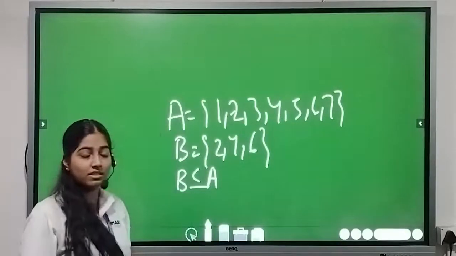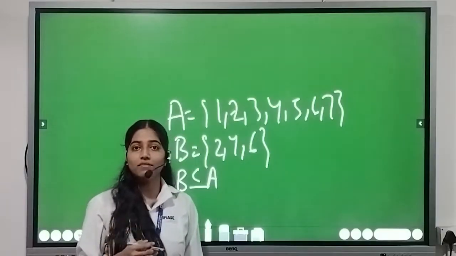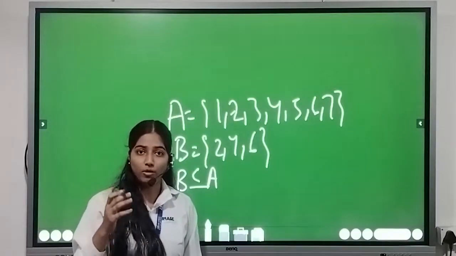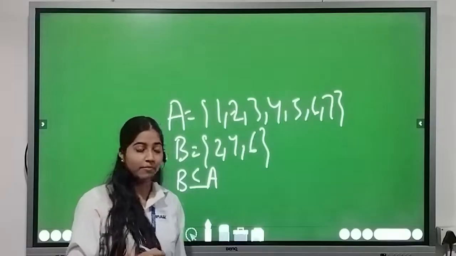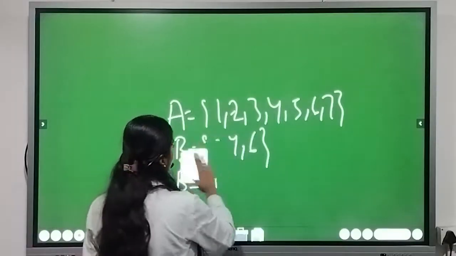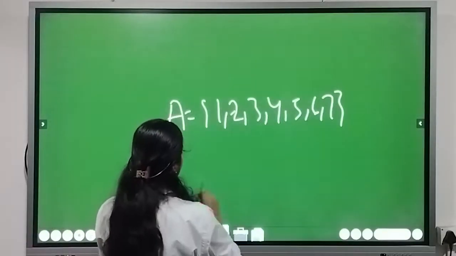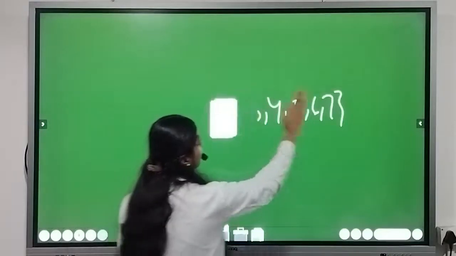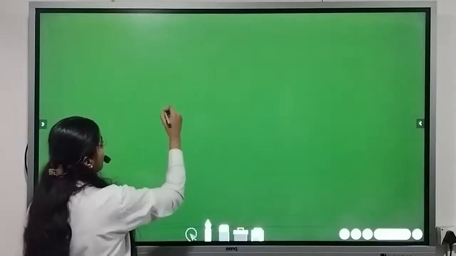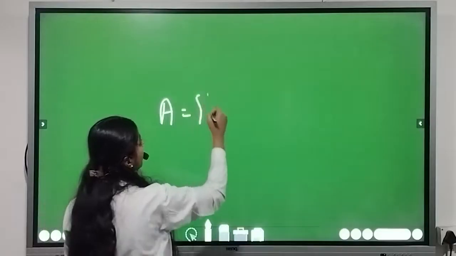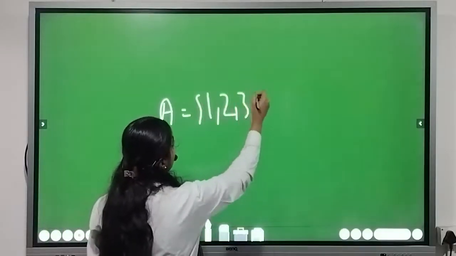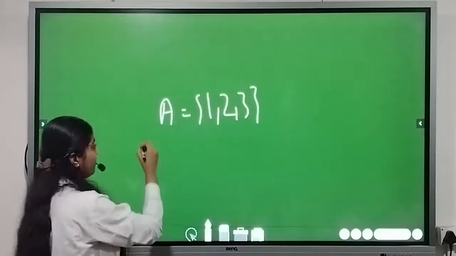Now moving on to power set. The power set is the set of all possible subsets of a set. For example, let set A be {1, 2, 3}. The power set is represented by P(A).